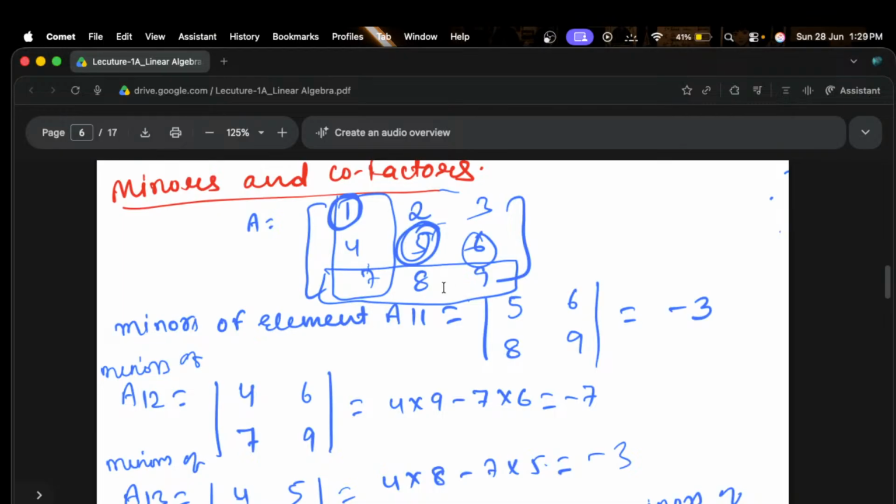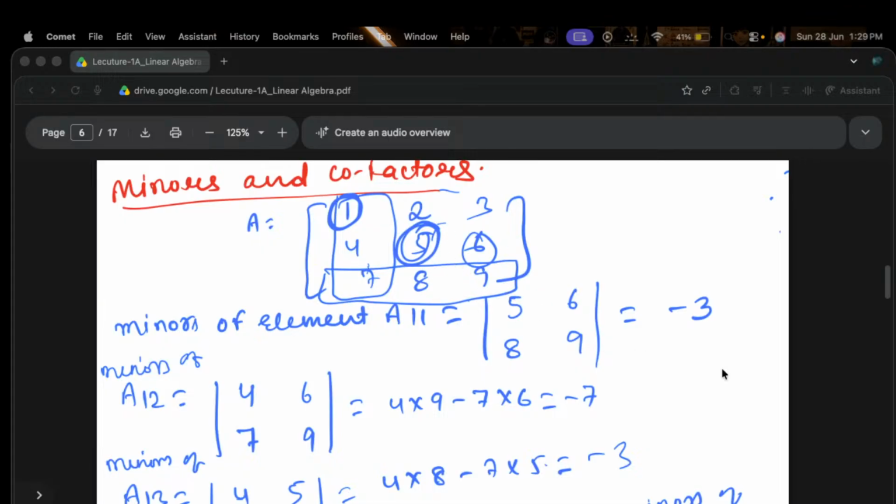So yeah, let's say minor of element, this would be the multiplication of this.